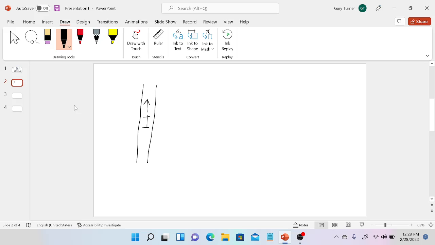And as a result, the entire wire will experience a force from an external magnetic field. Particularly if the wire is embedded in a magnetic field that is perpendicular, then the force will be maximized. Okay, let's see why this works.